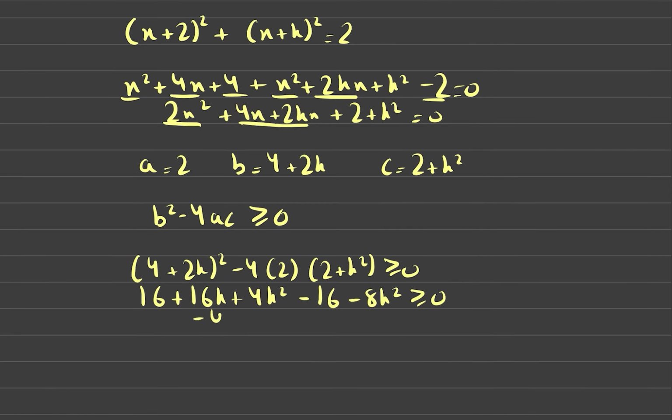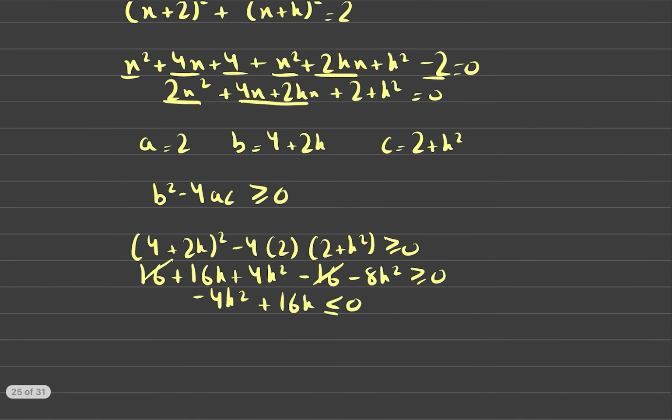It's going to be minus 4k squared. This and this cancel out, plus 16k. Now the problem is there is negative k squared.